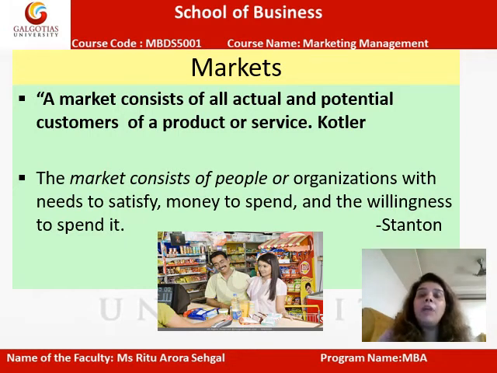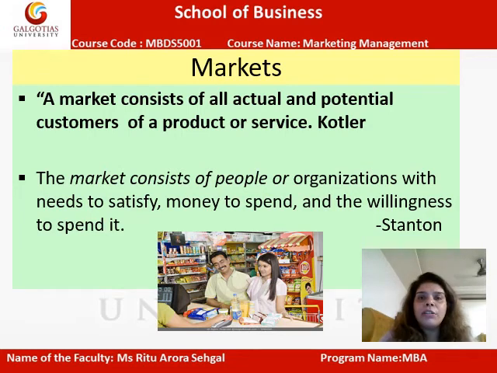But then, as a marketing manager or marketing professional, you have to think out of the box. There will be certain customers who will be having that demand, that want for your product or service. They will have the paying capacity, but that customer is untapped.